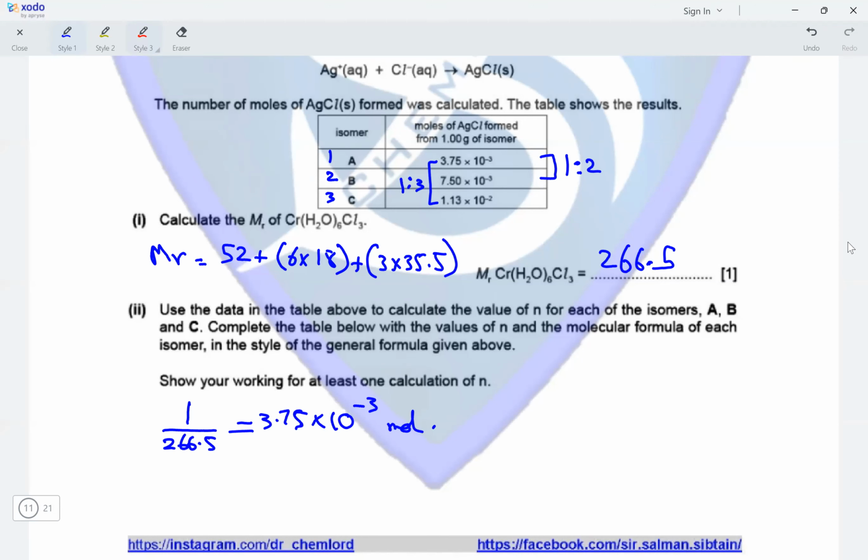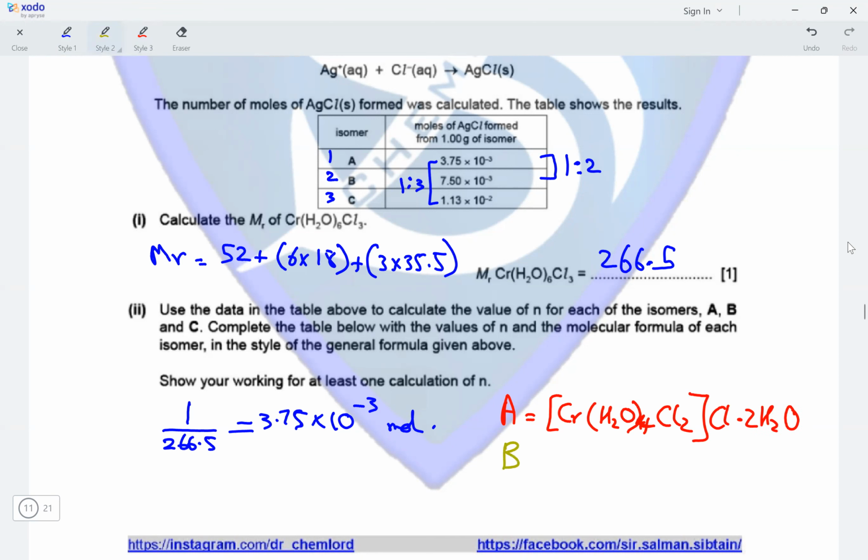So A is equal to Cr(H2O)4Cl2 with only one chloride ion outside of the complex ion. So the number of moles of water of crystallization would also be 2 H2O. This is the case for A.